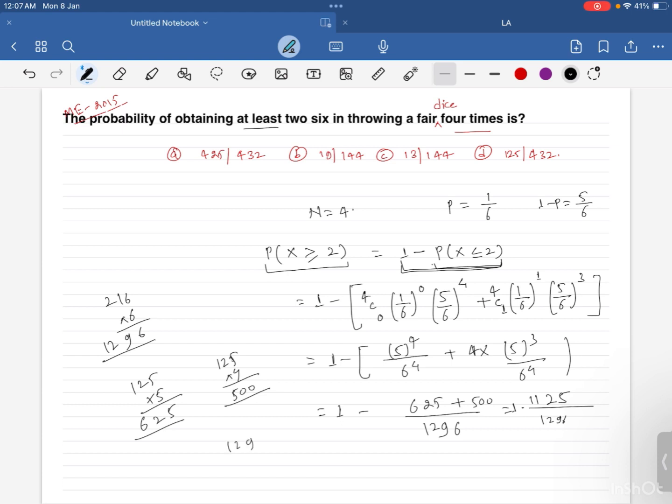So 1296 minus 1125 is 171, so that is going to be 171 divided by 1296. That is 9 times 19 over 9 times 144, so 19 divided by 144. The correct answer for this is B.